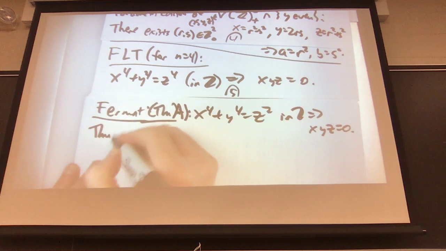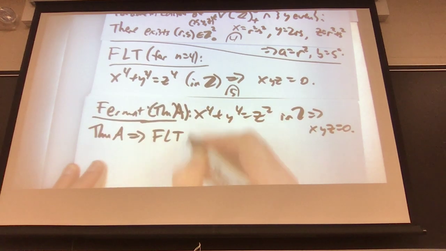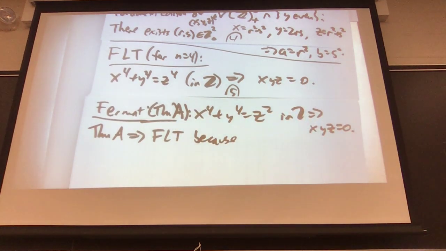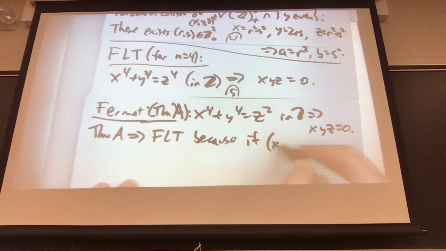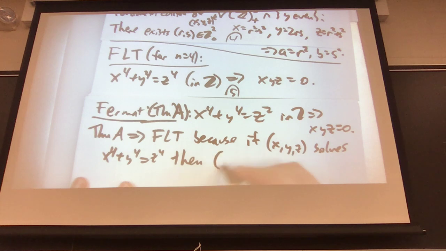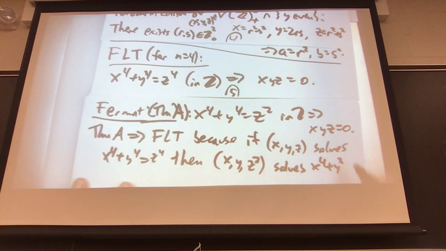So theorem A implies Fermat's last theorem because, well, let's look at the contrapositive. If there is a solution to Fermat's last theorem, if x, y, z solves non-trivially x to the 4 plus y to the 4 equals z to the 4, then the vector x, y, z squared solves x to the 4 plus y to the 4 equals z squared squared.